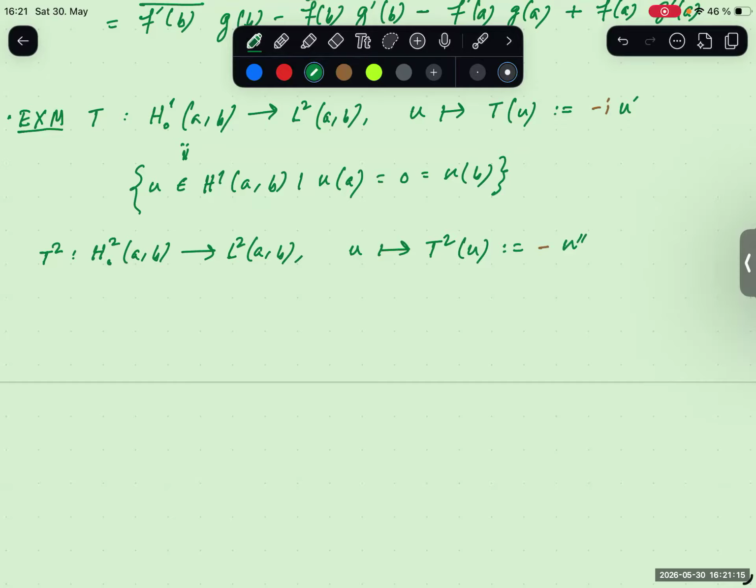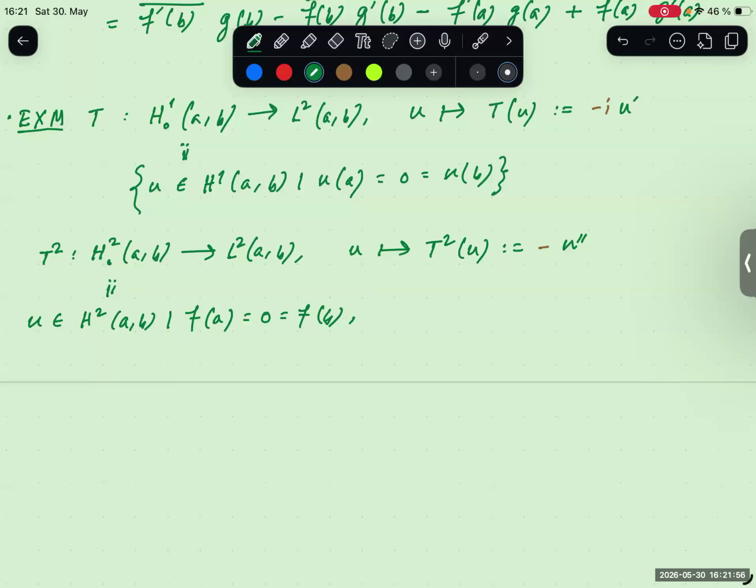Okay, now I haven't told you what this domain is, so let me tell you. It's again the same, at the boundary they vanish, but let me write clearly. So u in H2(a,b) such that u(a) equals 0, u(b) equals 0. We had this condition before. And now it's second order, as you were talking about first order ODE, second order ODE. For a second order ODE, we need two conditions, right? Its value and its first derivative.